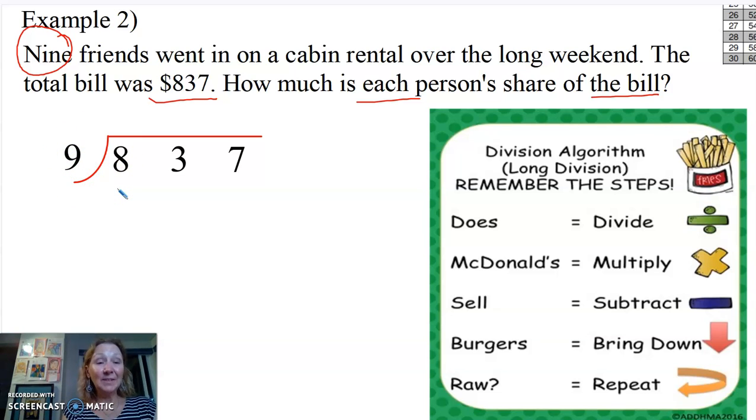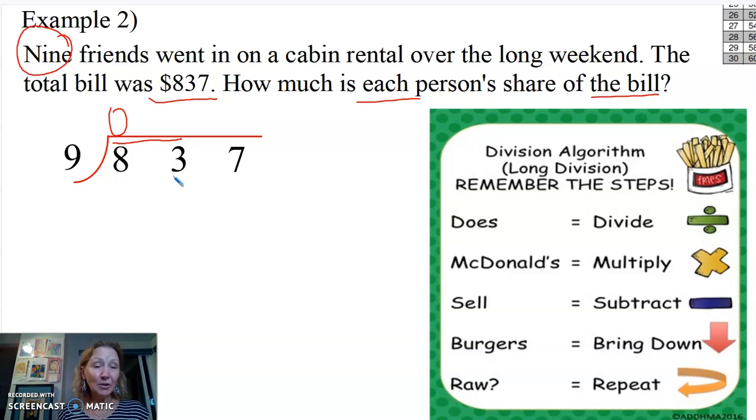Or think about it like this. I have 8 $100 bills. I have 9 people. I don't have any $100 bills to give them because I need one for everyone. I'm going to put a 0 there. And now I look at these two numbers together. I'm looking at 83 because remember this was 100. I traded in for 10s and I have 80 plus 3 more 10s is 83.